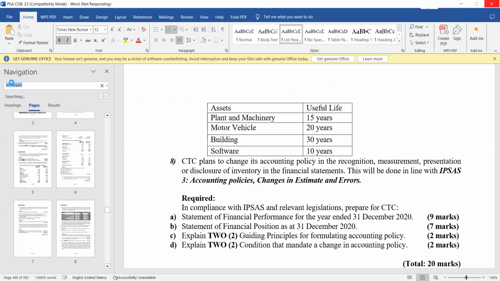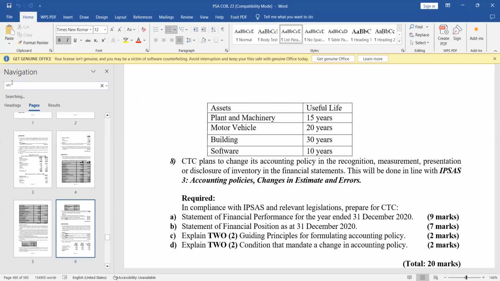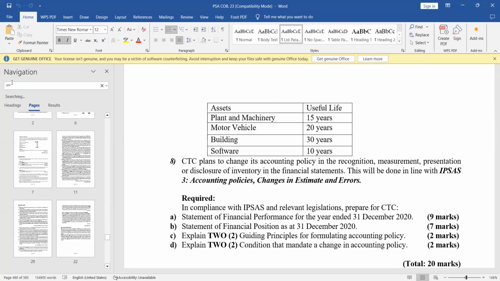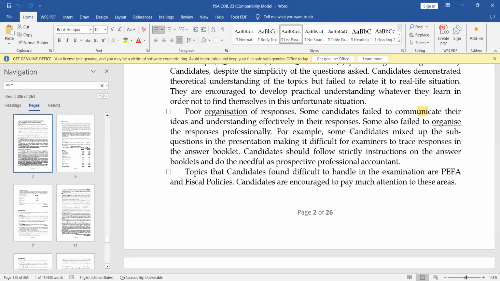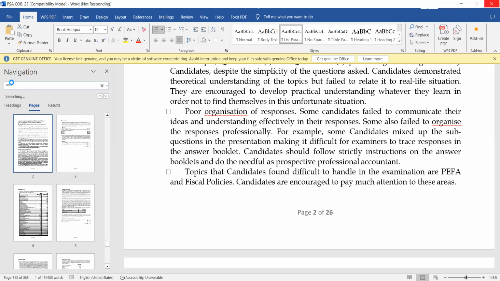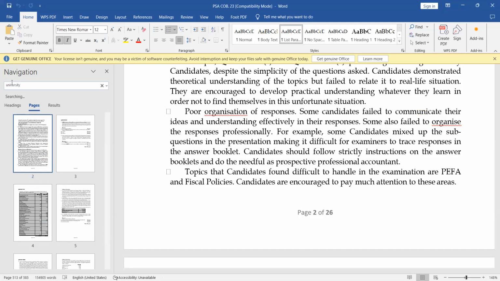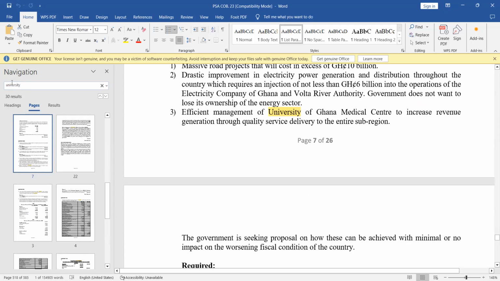Oh, that is not coming up. It will come, don't worry. I think it should be this one.